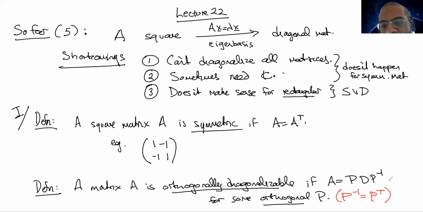So being orthogonally diagonalizable actually means you're equal to PDP transpose for the orthogonal matrix, right? And what this means is, since whenever you can write a matrix as PDP inverse the columns of P are the eigenvectors, there's an orthonormal basis of eigenvectors.